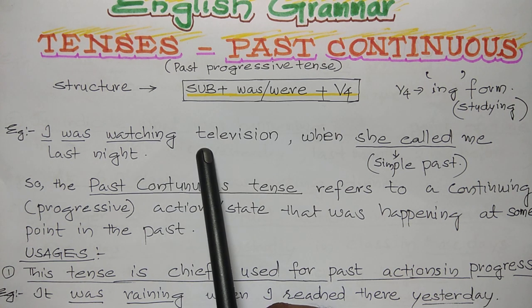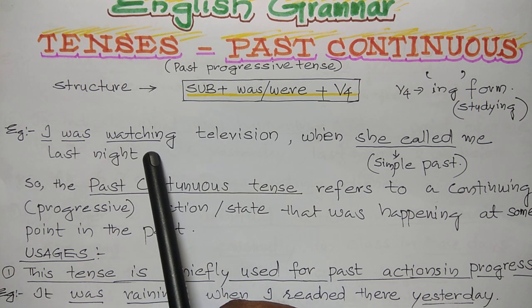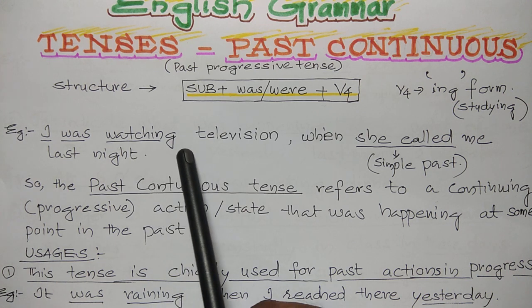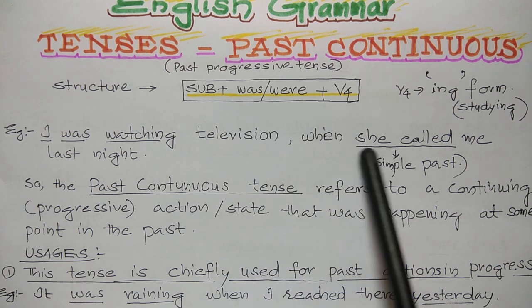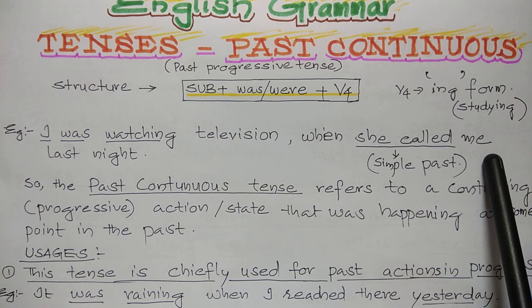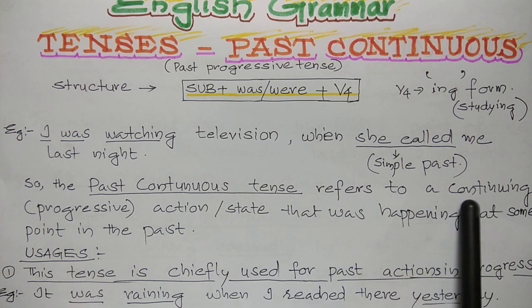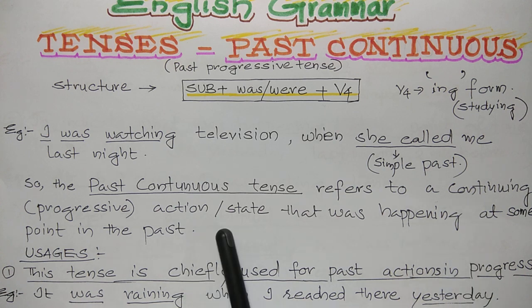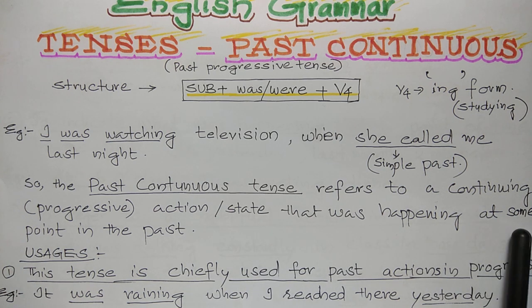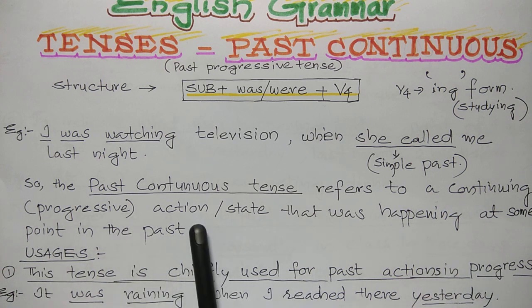So it is a progressive action and it is past continuous tense. And she called me is simple past. So the past continuous tense refers to a continuing or progressive action or state that was happening at some point in the past. So it shows a progressive action in the past.